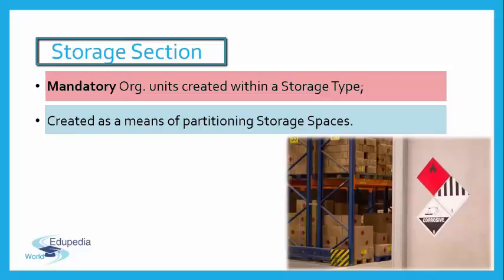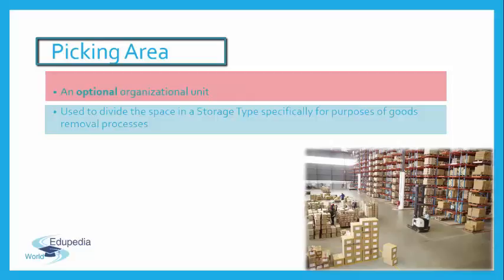Now, a picking area is also at the same level as our storage section, but it differs in that a picking area offers us the opportunity to divide the space in a storage type, but now specifically for purposes of goods removal.